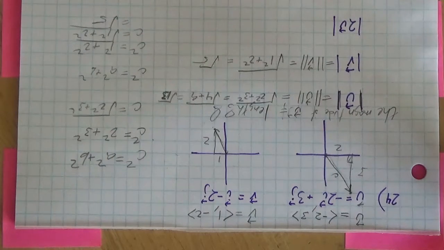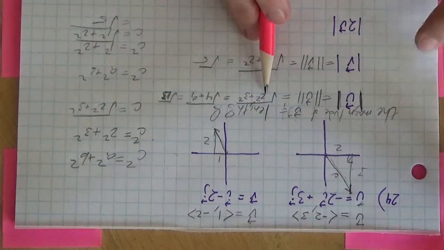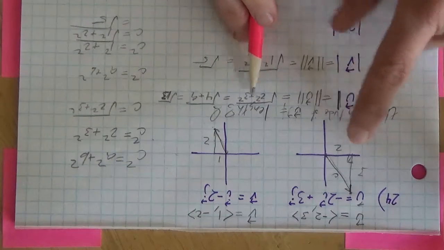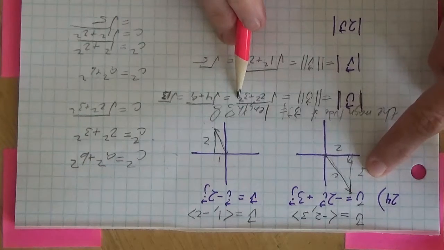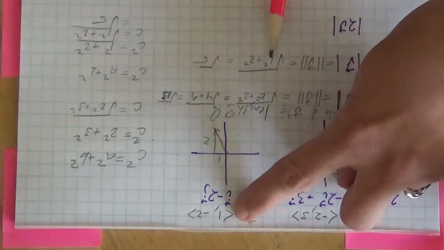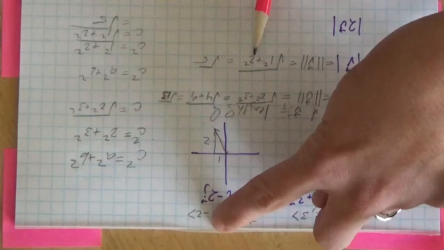Now what you'll notice is that you're basically taking the x-coordinate and squaring it, and the y-coordinate and squaring it. Here we took the x-coordinate and squared it, and the y-coordinate and squared it.